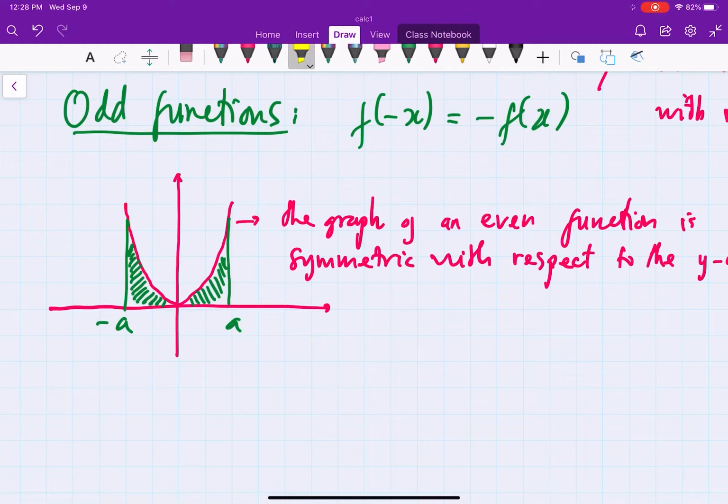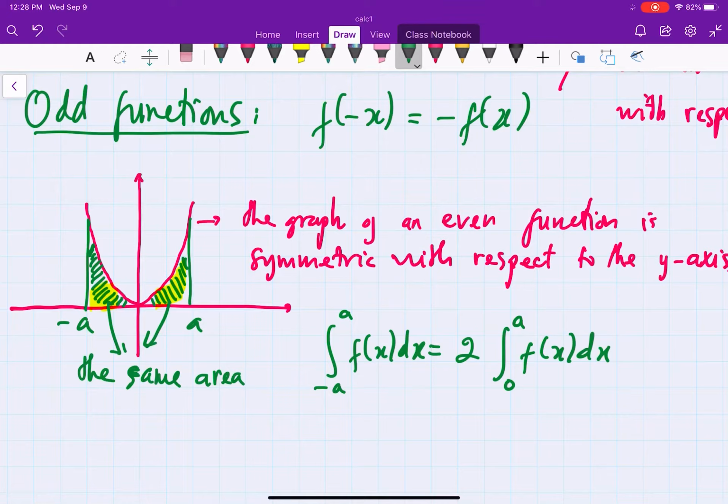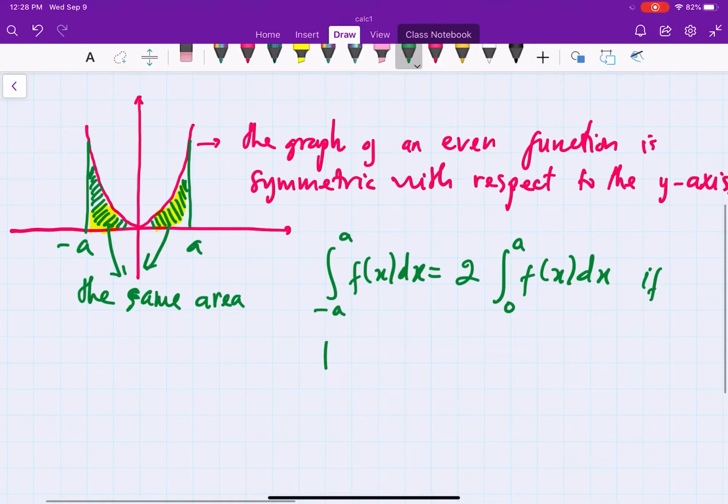So it's obvious that these two regions have the same area. So that's why when you evaluate the integral from negative a to a of such a function, that's just double the integral from 0 to a of f of x dx, if f is an even function on negative a to a.